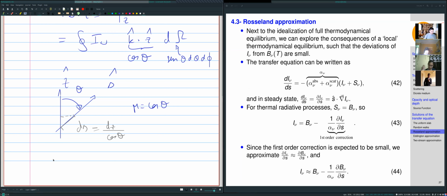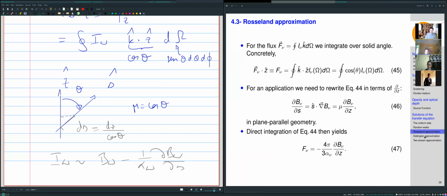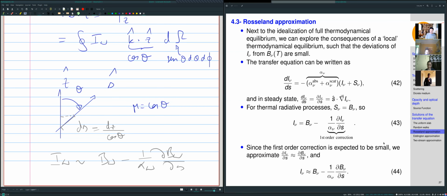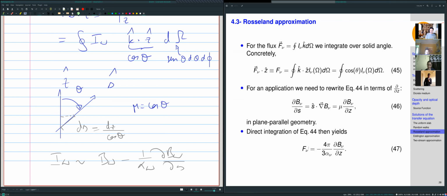We say I nu is about B nu, 1 over alpha nu times. So we integrate equation 44.